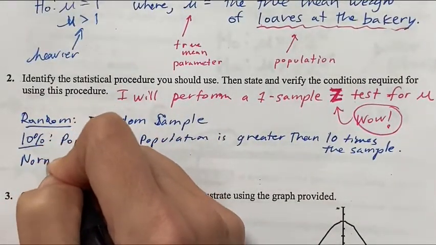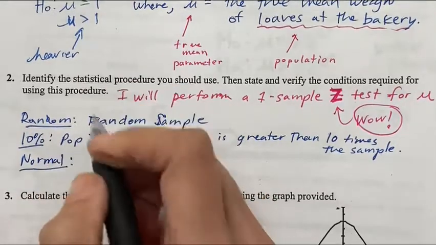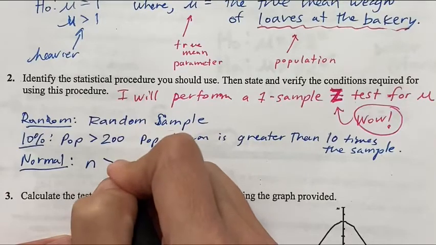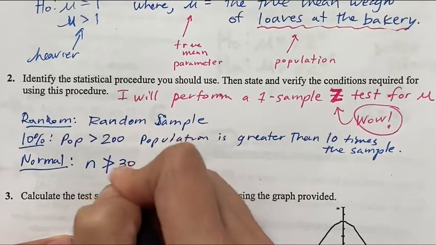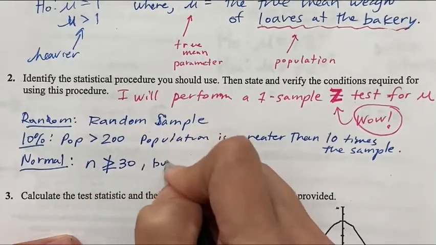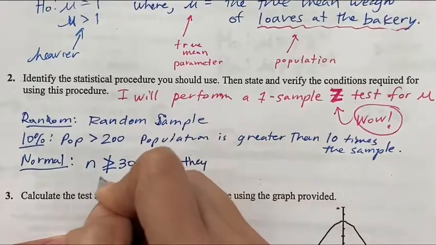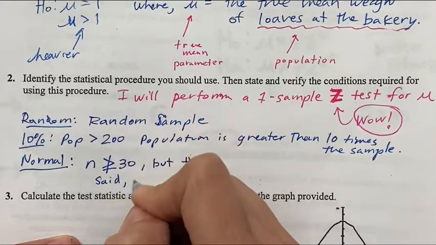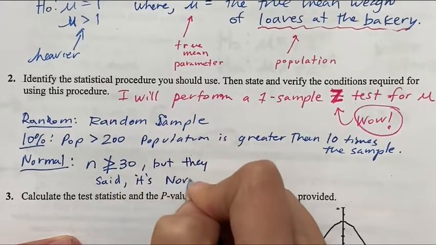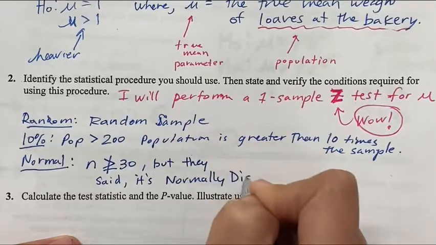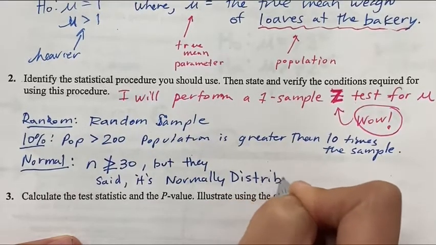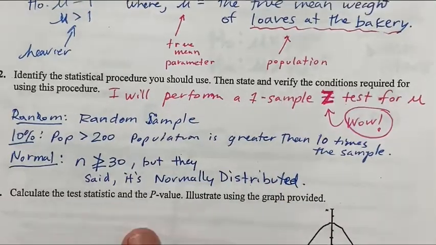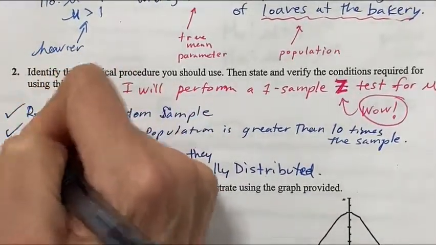Normal, is this thing normal? Well, n is not greater than or equal to 30, but they said it's normal. So that's even better. They already said it's normally distributed. Okay, so those are checked off.